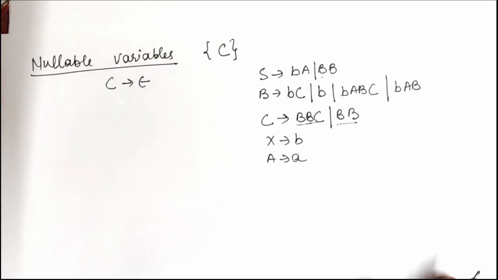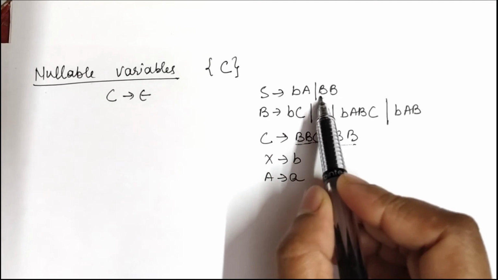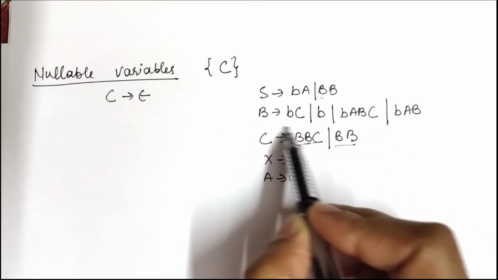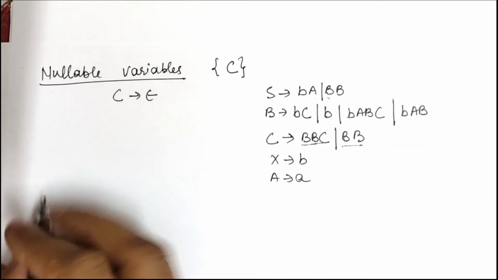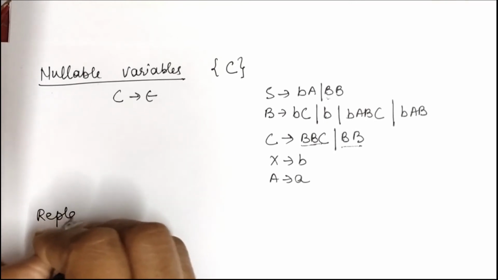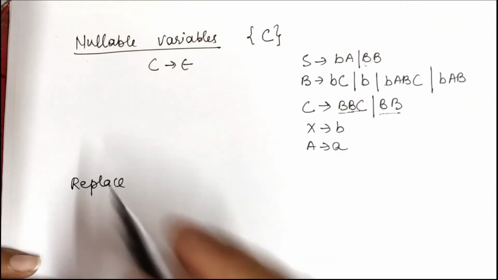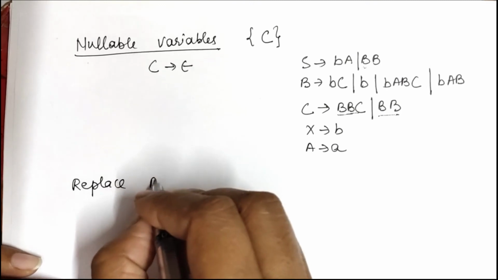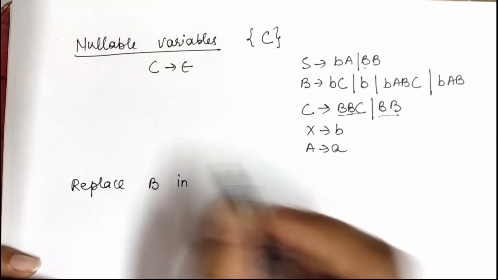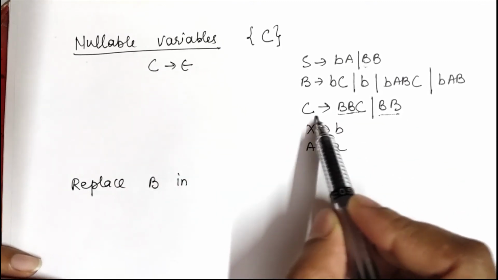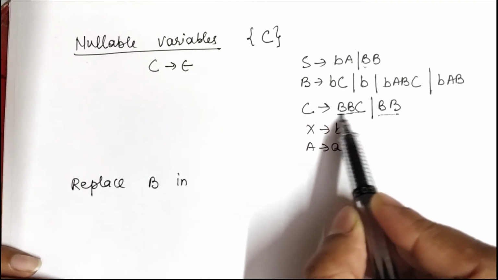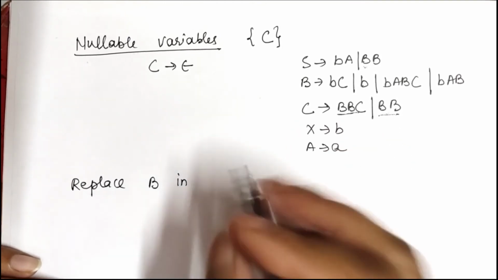So here first we replace this B with all the B grammar. So substitute or replace this B. First I am substituting this capital B in the C grammar.